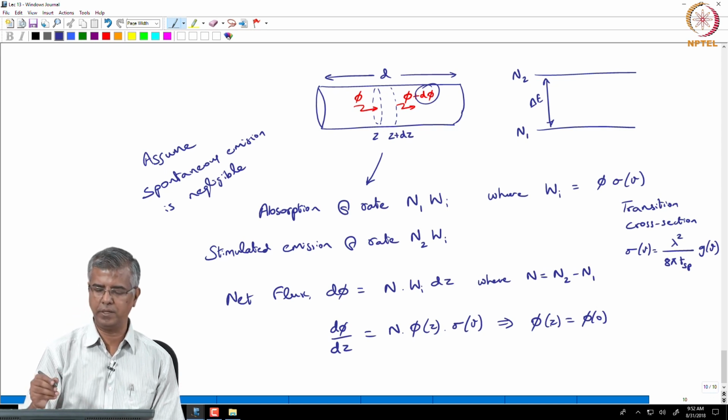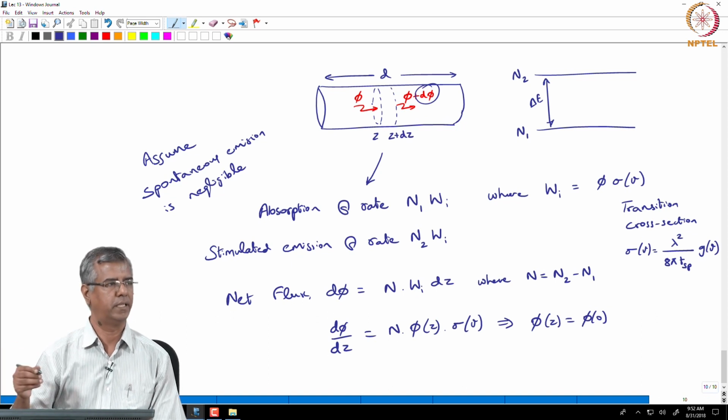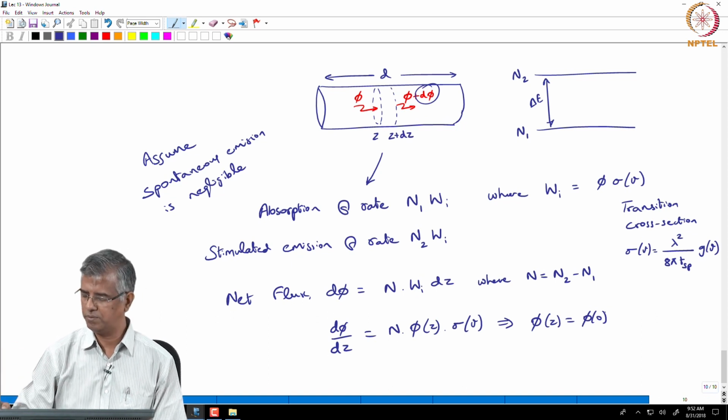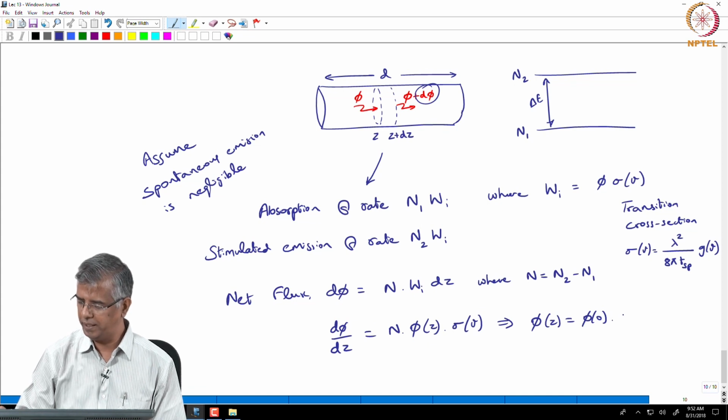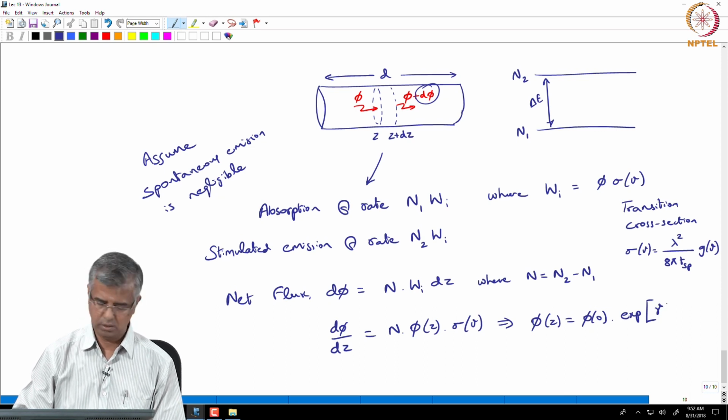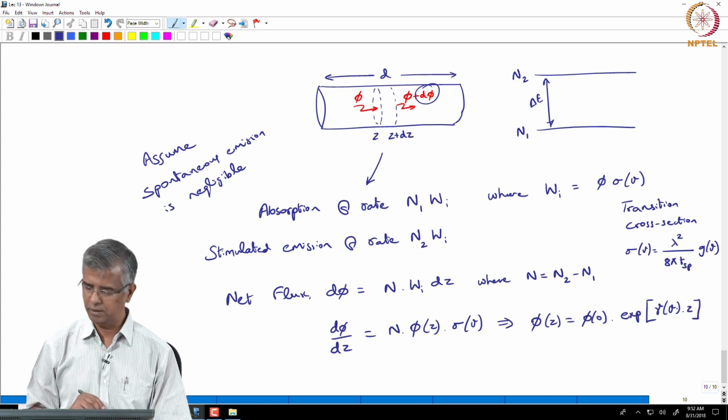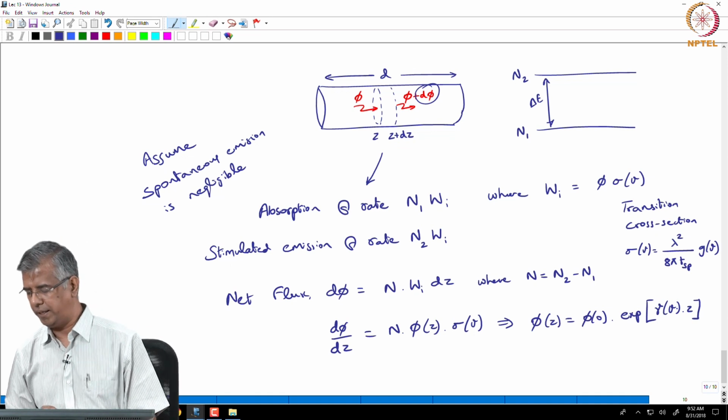What is phi of 0 here? We would say that is the incoming photon flux density, right. Phi of 0 multiplied by exponential of gamma of nu multiplied by z in this case, right.